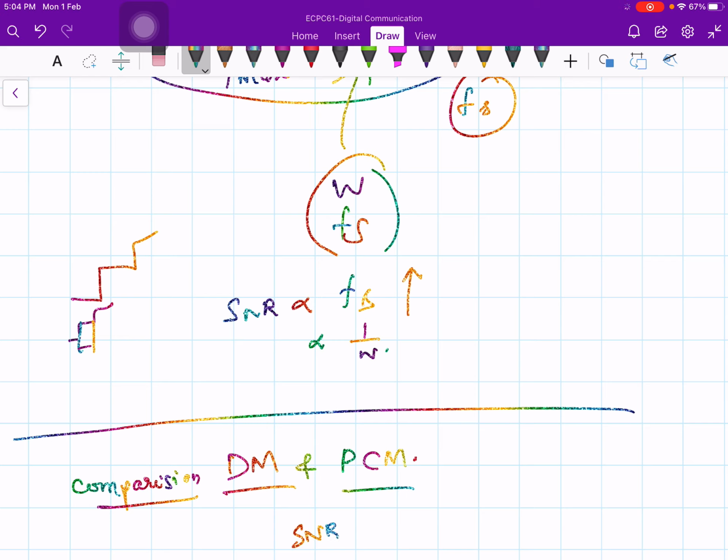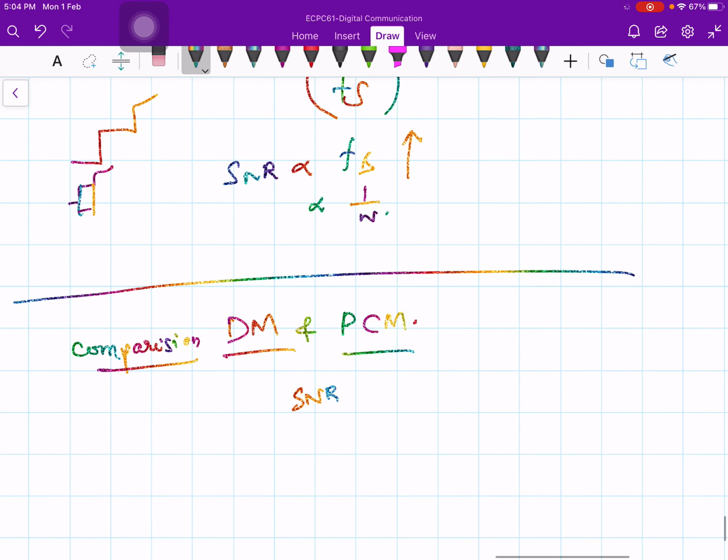What is the signal to noise ratio of one particular system, and what is the signal to noise ratio of another particular system. But it is meaningful to do so provided we are using the same communication resource. For example, if this one uses W1 and the other uses W2, a different bandwidth, then it is unfair to compare the signal to noise ratio. Both should use the same resource, then only the comparison will be meaningful.